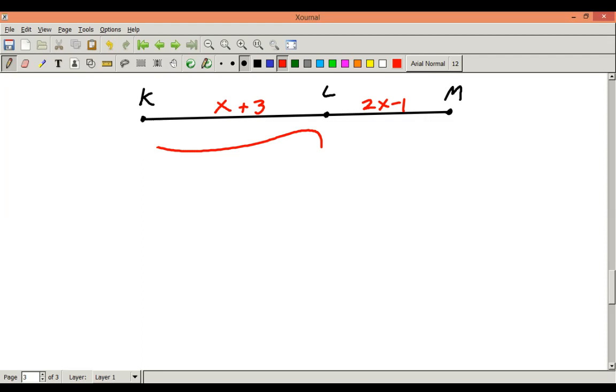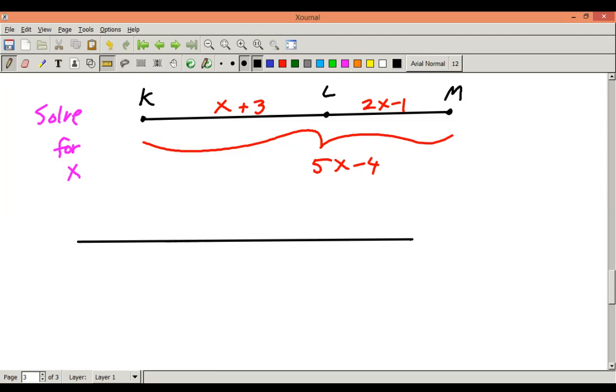And the entire segment KM is going to be 5x minus 4. Okay, so our job in this is to solve for x. That's kind of like what we're trying to prove. So again, we're going to set up a 2-column proof with statements and reasons.